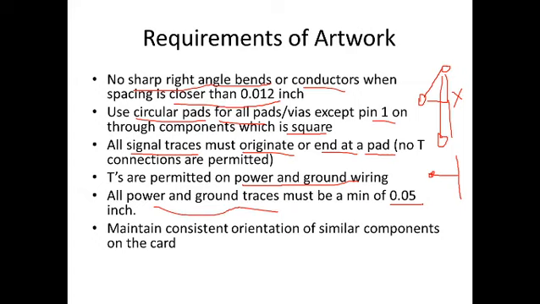Means for the power and ground traces, the thickness should be more, because they are going to draw more current. The current passing through these traces is definitely more as compared to the signal traces. So the width is more.